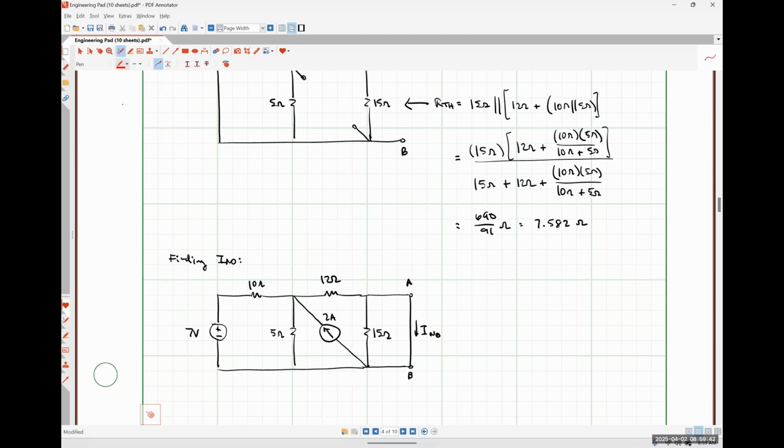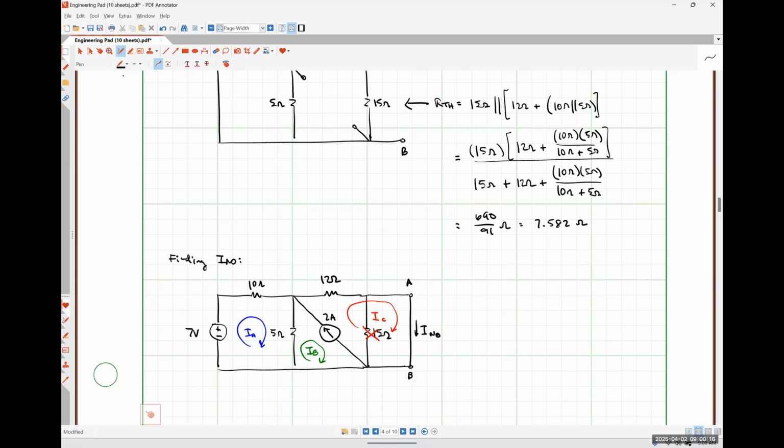So I'm literally going to cross these guys out, and I'm going to make this thing one of my meshes. So I'm just avoiding the 15 ohm resistor because I know that it's literally not going to contribute anything. So I'm going to call that guy mesh C. Over here, this will be mesh A. And down here in this little triangle, that'll be mesh B.